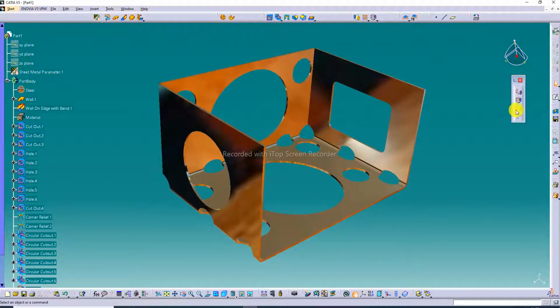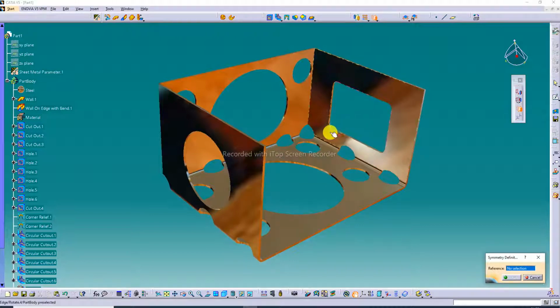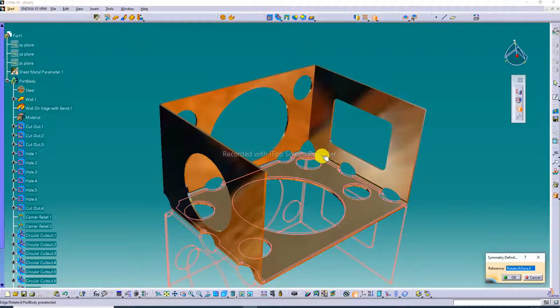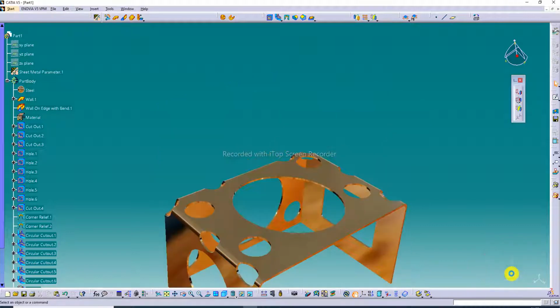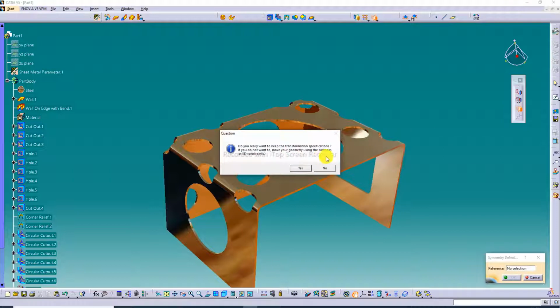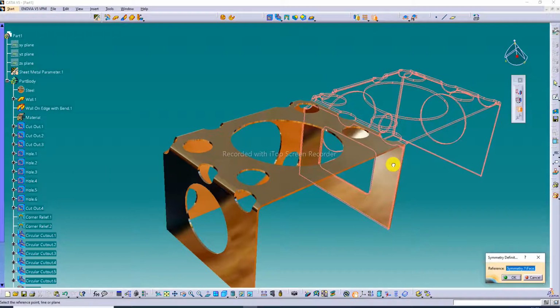Next, we learn the symmetry command. Symmetry is a very important command, and this is the symmetry reference. This is the opposite side, and this body is the opposite. Symmetry is a very important command. Click on this face, and then the opposite side is showing here.